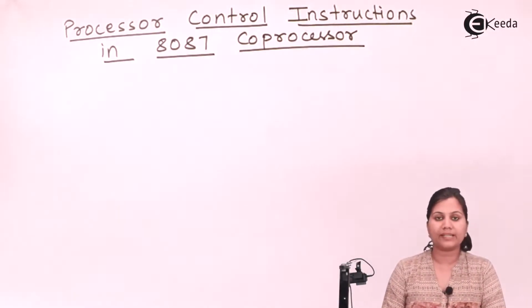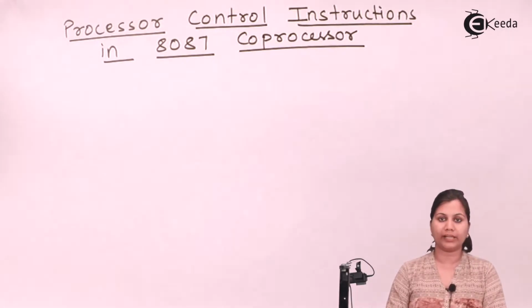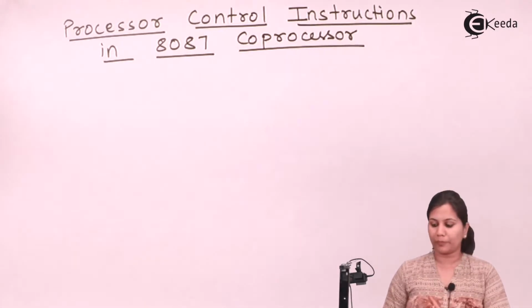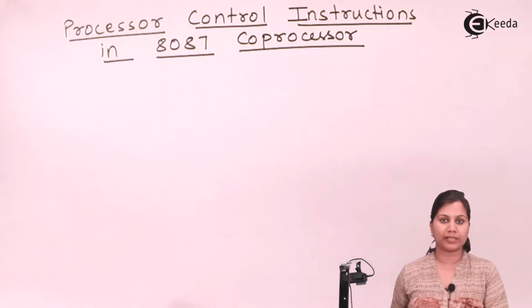The 8087 is the first math coprocessor developed by Intel to pair with the 8086 and 8088 microprocessor families. This coprocessor provides very high speed calculations, especially those involving complex numbers, because such calculations cannot be done easily by the microprocessors.